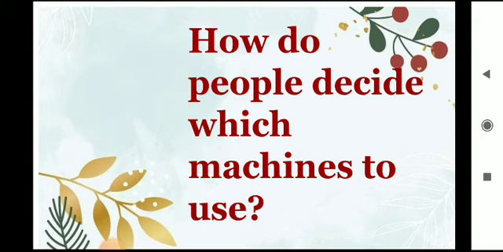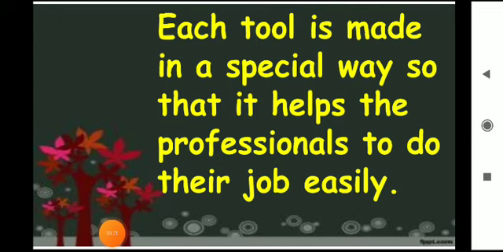Think about it. Your answer will be, gardeners use lawn mowers to cut grass. Sweepers use a broom to clean. Cooks use various tools for cooking, like a frying pan and a spatula.